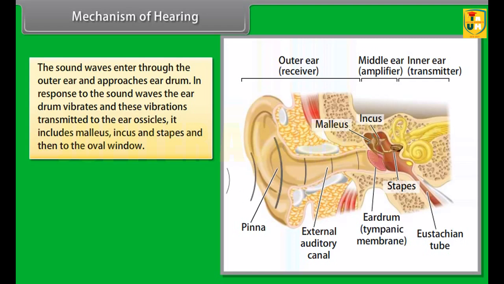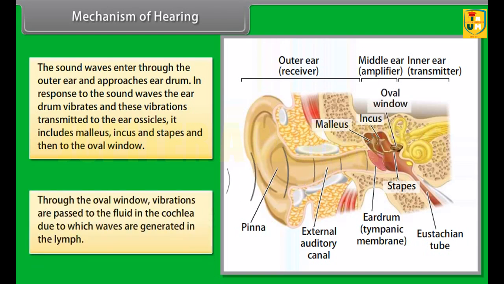Mechanism of hearing. The sound waves enter through the outer ear and approach the eardrum. In response to the sound waves, the eardrum vibrates, and these vibrations are transmitted to the ear ossicles. It includes the malleus, incus and stapes, and then the oval window. Through the oval window, vibrations are passed to the fluid in the cochlea, due to which waves are generated in the fluid.